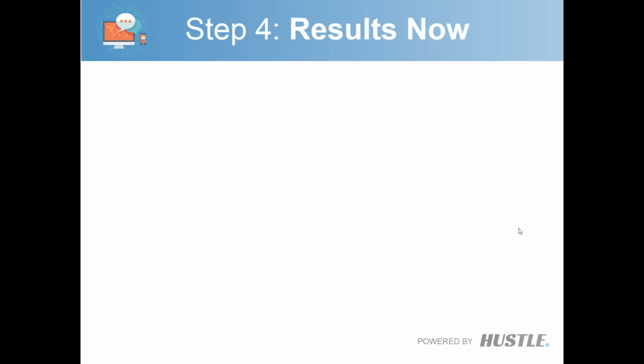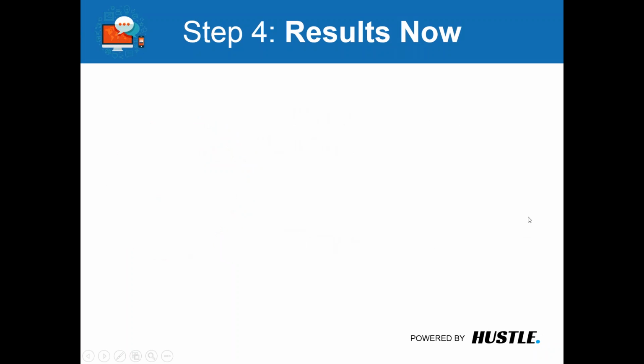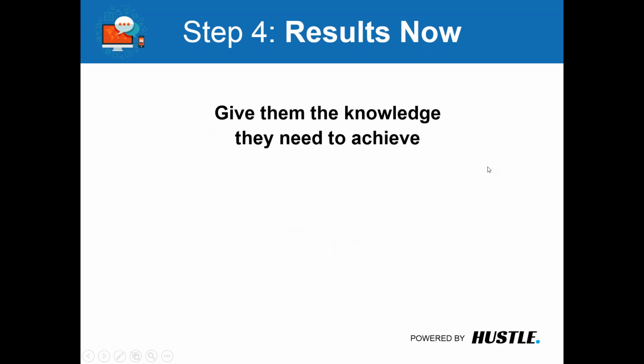Okay, that transition means that we are at step 4, the results now. This part, guys, is the meaty part of the presentation, basically. So the results now section, what is it? This is very important. I need you guys to focus on this. If you're looking at your phone, whatever, sorry, I don't mean to tell you off, but give them the knowledge they need to achieve results now.